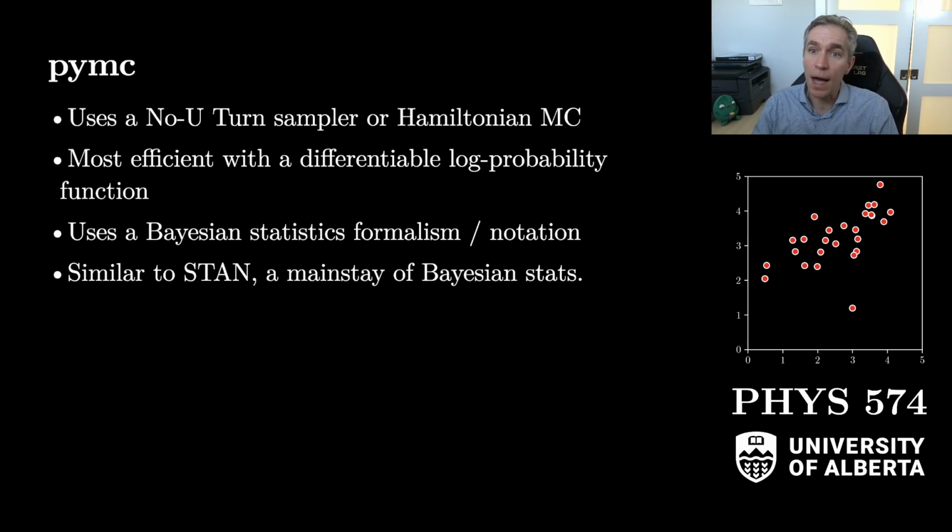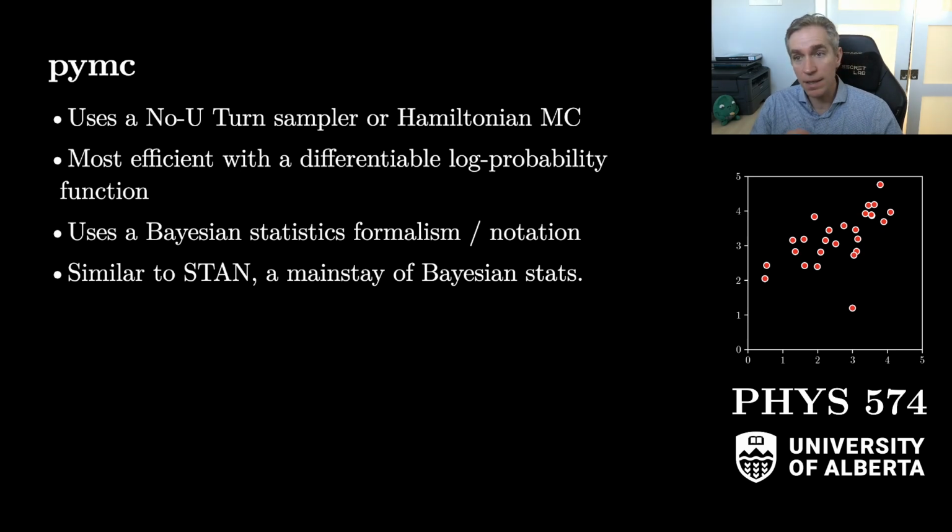PyMC uses either a No-U-Turn Sampler, the NUTS sampler, that's the first one. There's also a Hamiltonian Monte Carlo option as the second one. You can activate either of these. By default, it'll just run the NUTS sampler, and it's pretty effective at doing what it needs to do.